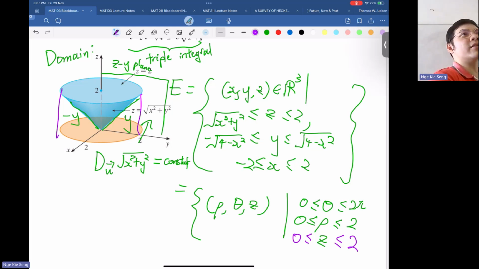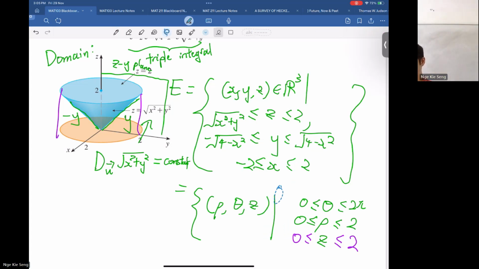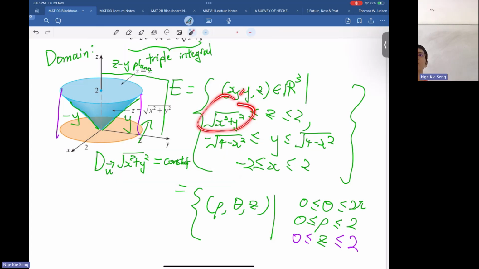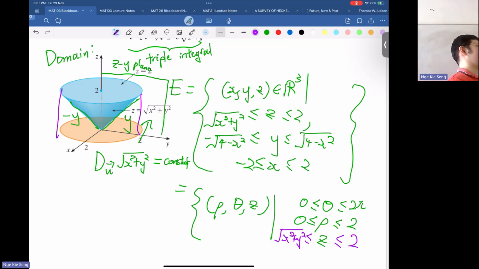The bottom part is controlled by what? A surface, right? What's that surface? Square root of x squared plus y squared, on the other side is 2. But don't you feel it's a bit abrupt? There's x, y, theta, rho, z, five variables. So you can try to change variable.